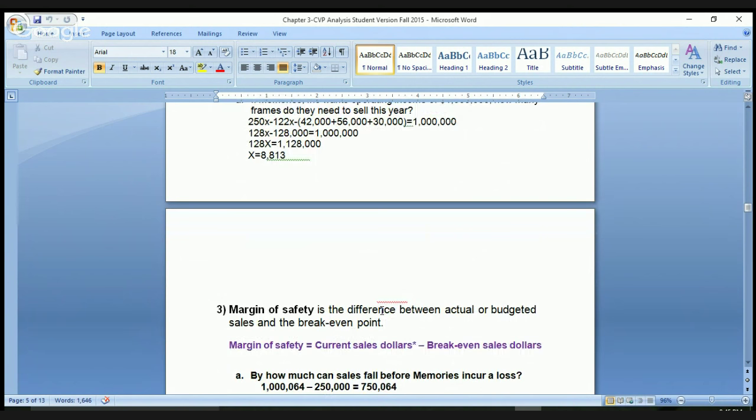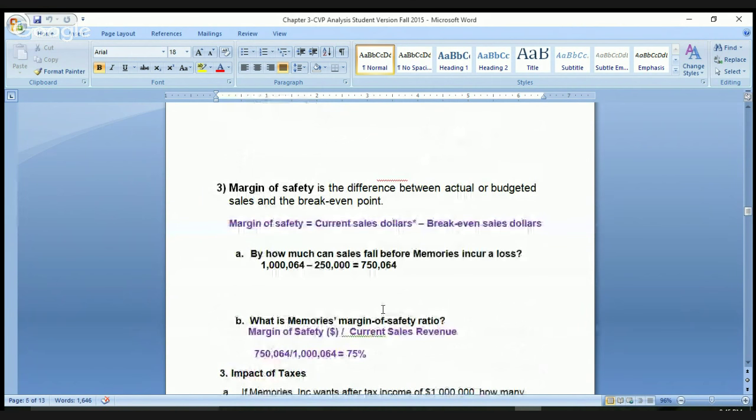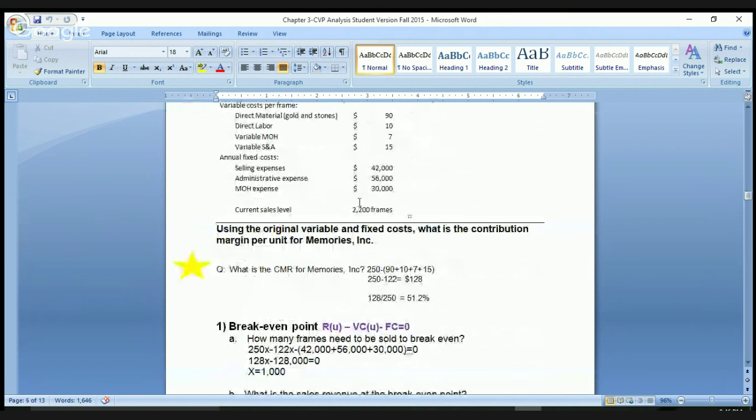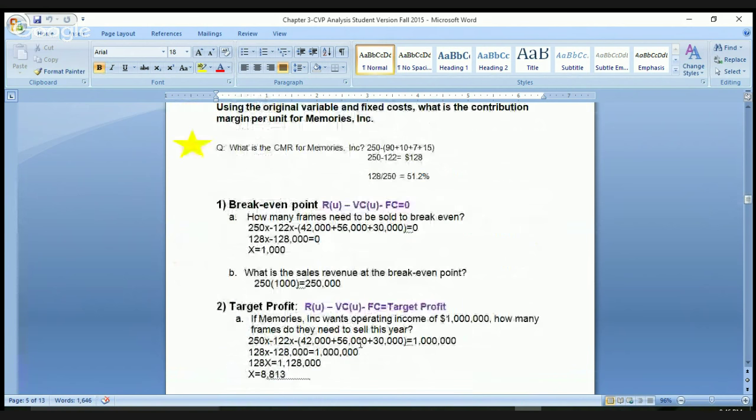Now, how do I find the break even in this part? The margin of safety. Remember, the margin of safety is the difference between the actual or budgeted sales and the break even point. So what are my current sales dollars? Well, the current sales level is 2,200 frames.